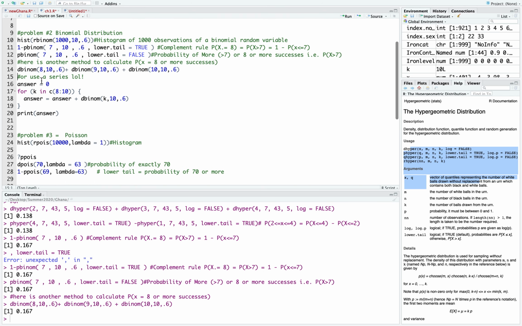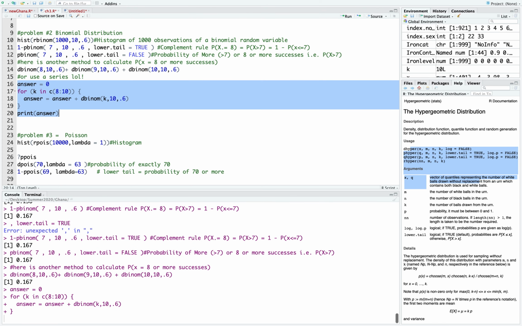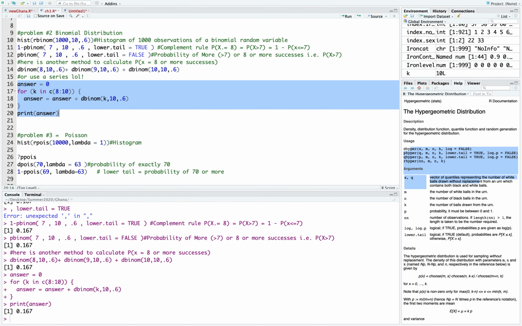And here's how we could do it as a series, since it was talked about so much in Calculus 2. I can instantiate this variable to be 0, then I can add a number to that variable each time in a for loop. So if I do a for loop and I print what that number is, I'm going to get 0.167 again.